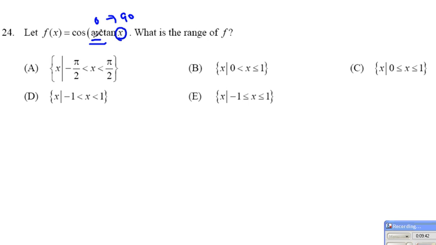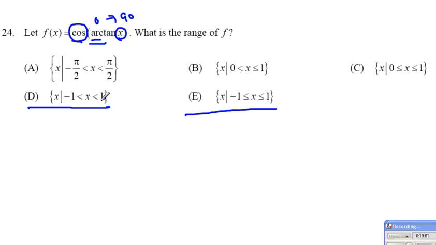Now, when that happens, the range of the cosine value will go from -1 to +1. Then we have this option and also this option. Are we going to include -1 or 1 for that matter?